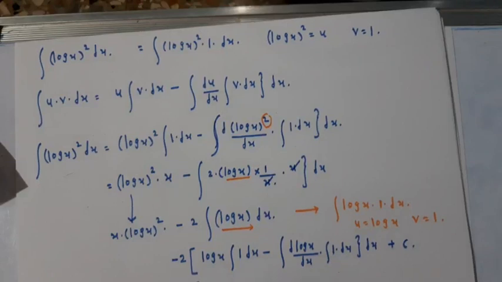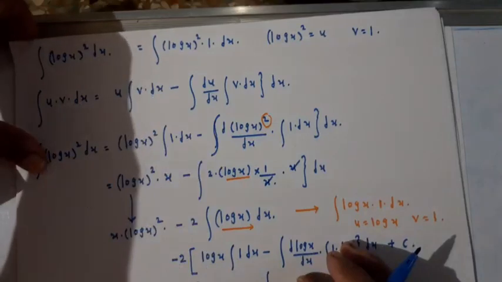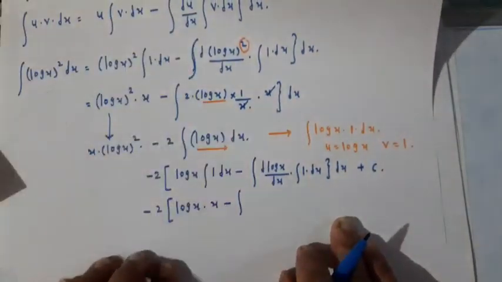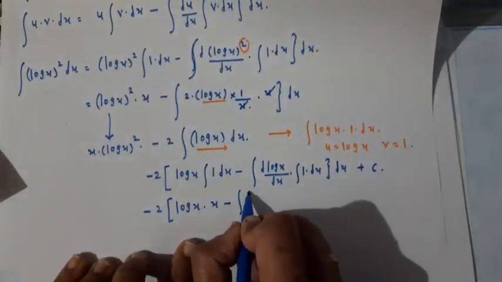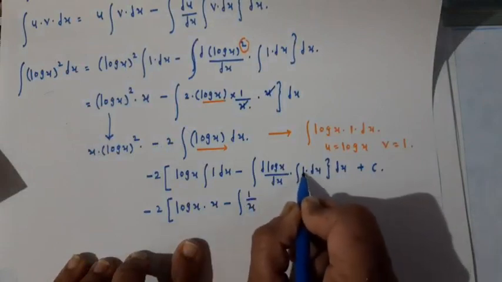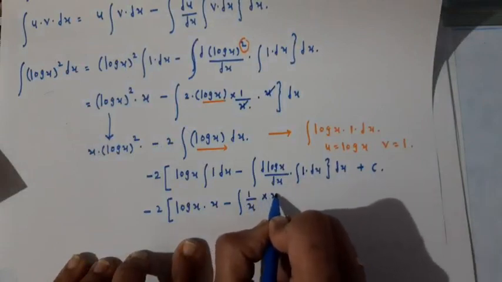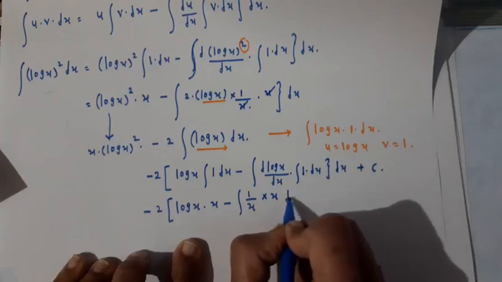Minus 2 as it is, log of x, the integration of 1 with respect to x is x, minus the differentiation of log of x, the differentiation of log of x is 1 upon x into the integration of 1 which is x, and the whole with respect to x.